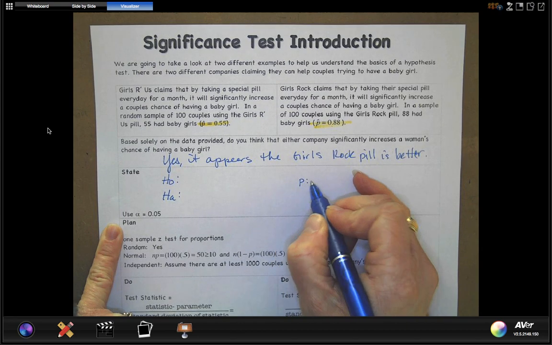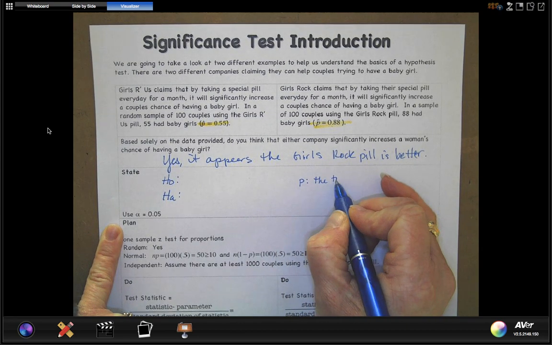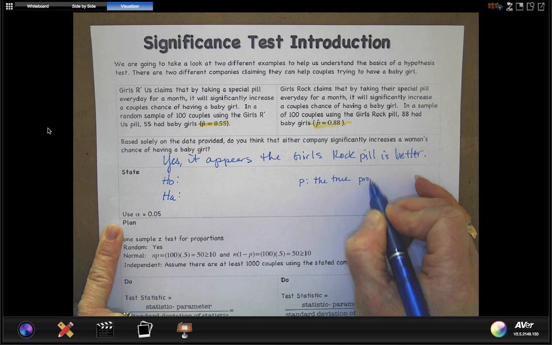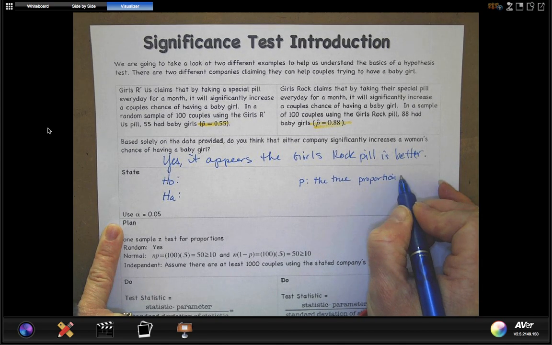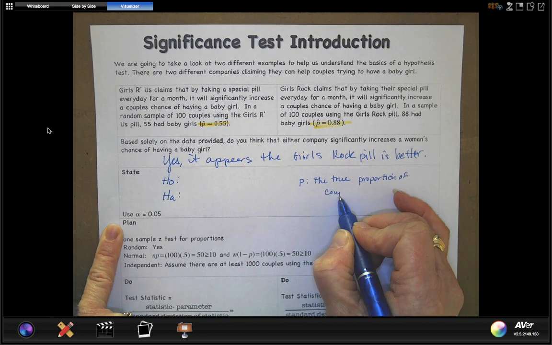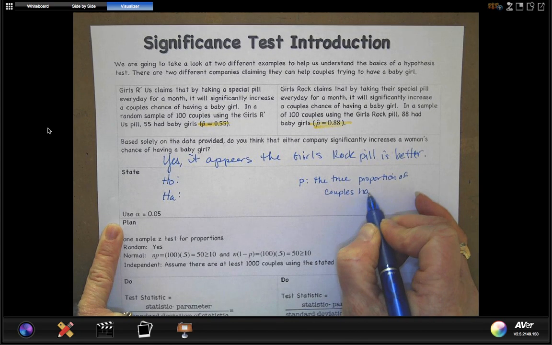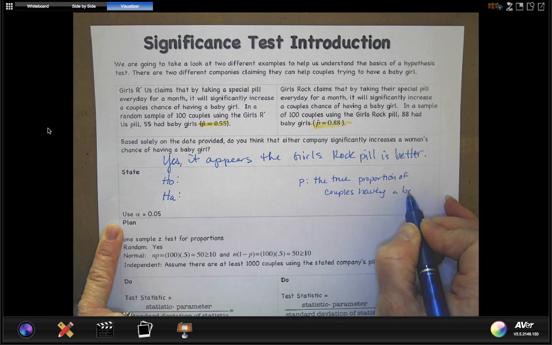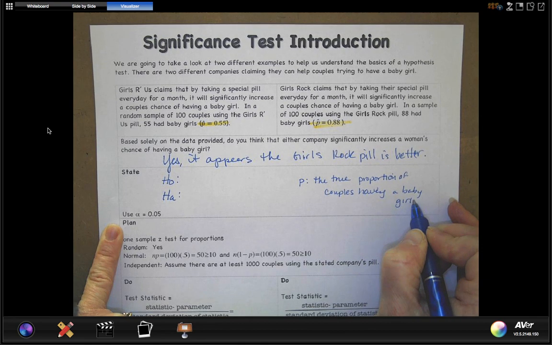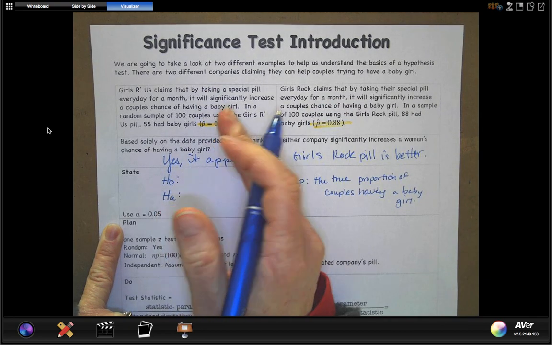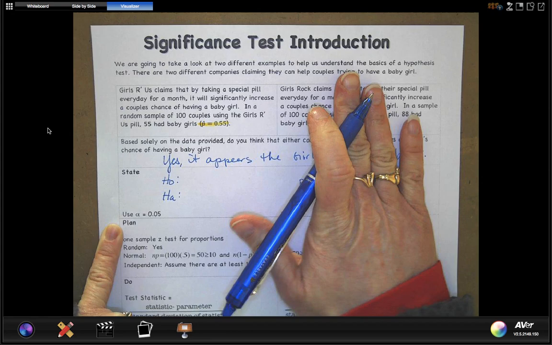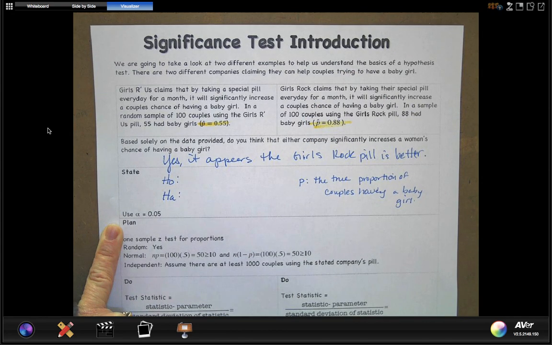So I would define p as the true proportion of couples having a baby girl. Now, normally we won't do them side by side like this, we would have a separate example, but I wanted to show you these two side by side.